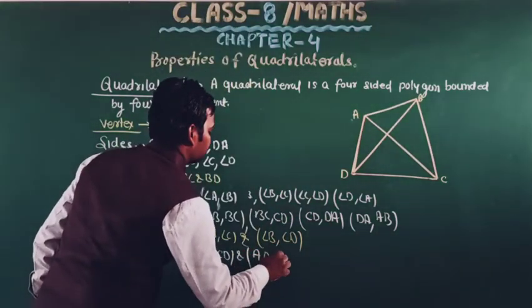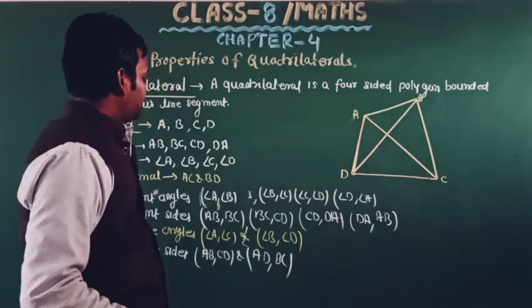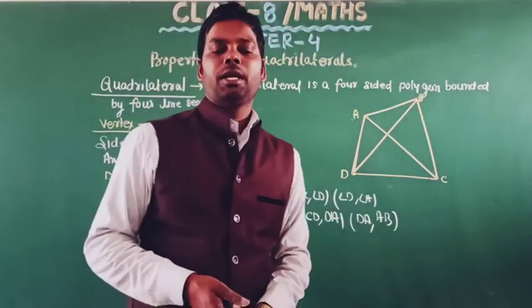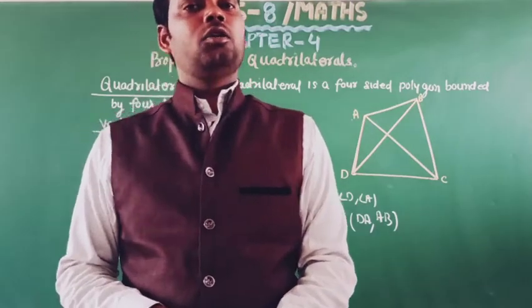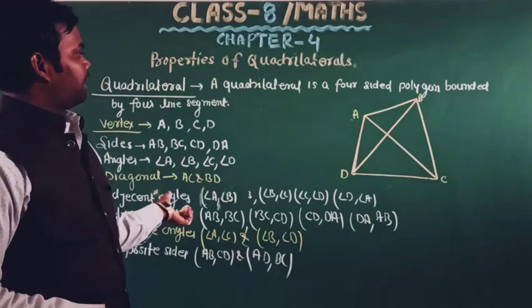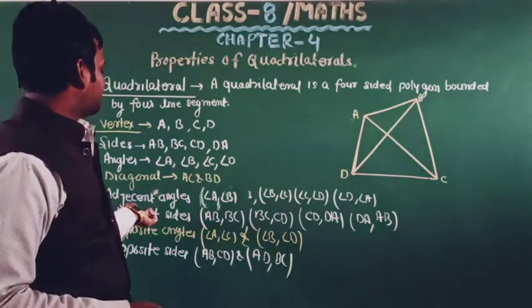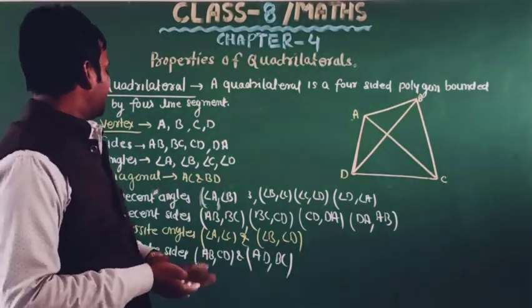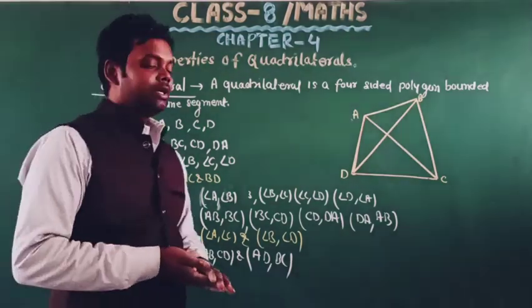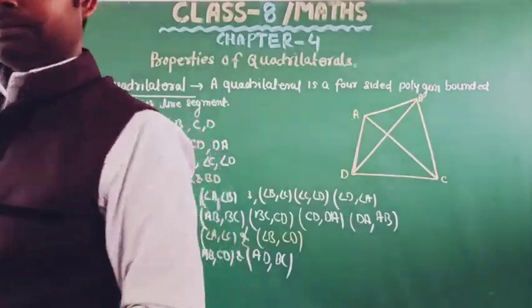AB, CD, AD, BC are opposite sides of a quadrilateral. Okay, so a quadrilateral has pairs of adjacent angles, adjacent sides, opposite angles and opposite sides.